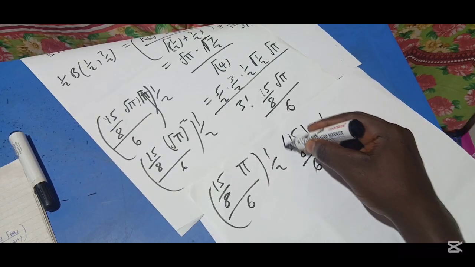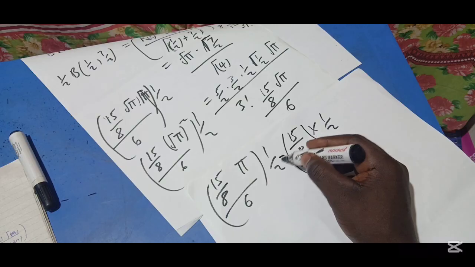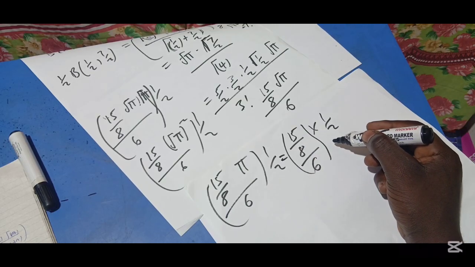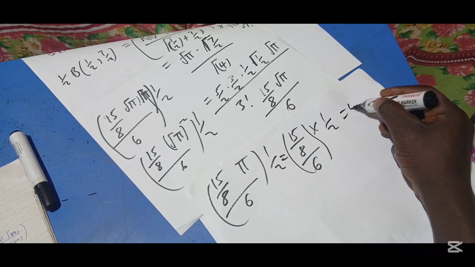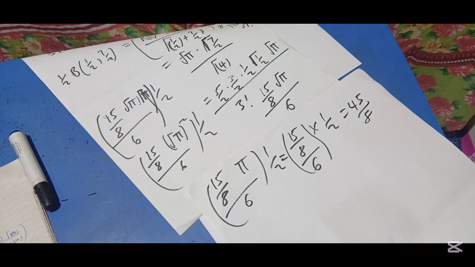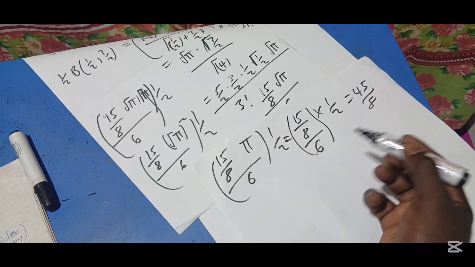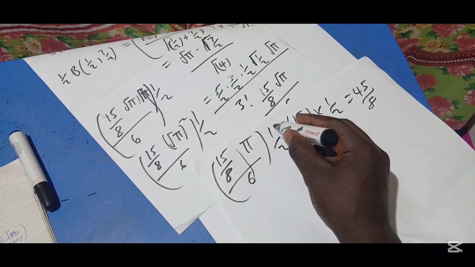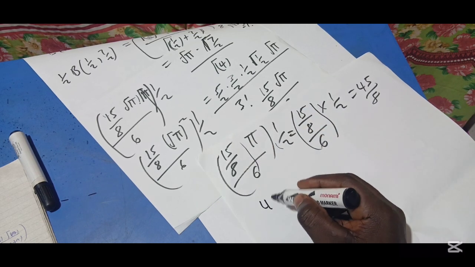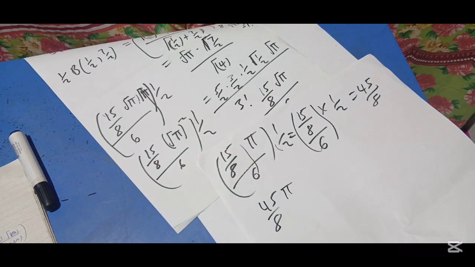If you type this on your calculator, you are going to get 45 on 8. Now let's bring our pi. So the whole of this, looking at the numerical part, we are going to get 45 on 8 pi. So this will be our final answer for this problem.